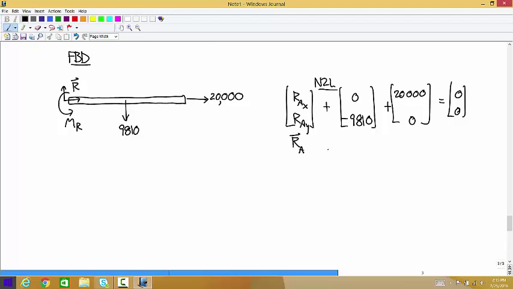So the force vector RA is equal to negative 20,000, positive 9810.